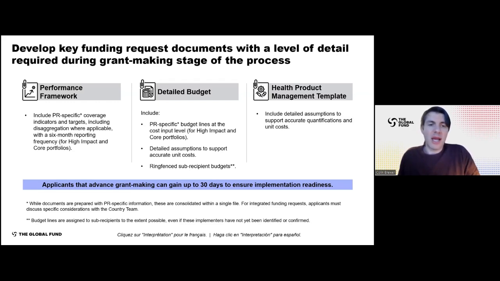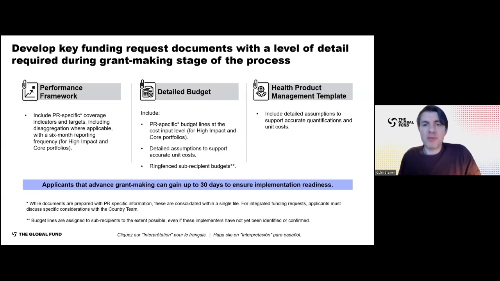Again, this is where having the knowledge and experience of the PR is very helpful, given their work on this in the past cycle. And where possible, ring fencing subrecipient budgets. What do we mean by that? Well, even if the subrecipients themselves haven't been identified, as much as possible, grouping the budget by the expected implementation per subrecipient will help to advance the grant making discussions.